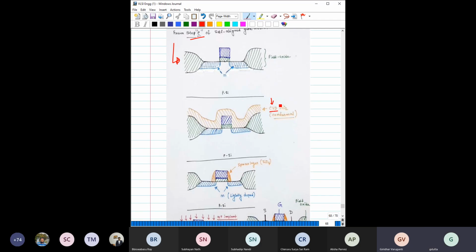This is one technique by which you can deposit. But what thickness at around these edges?